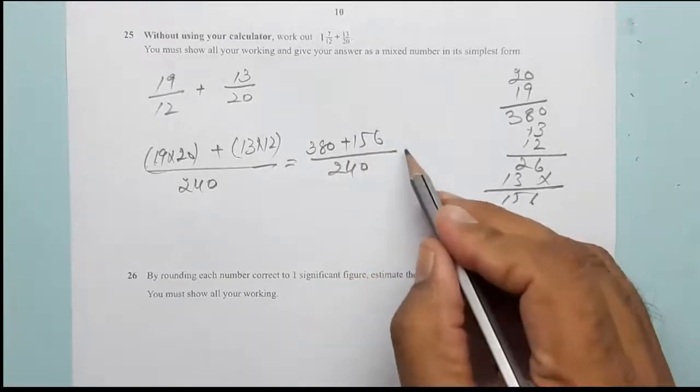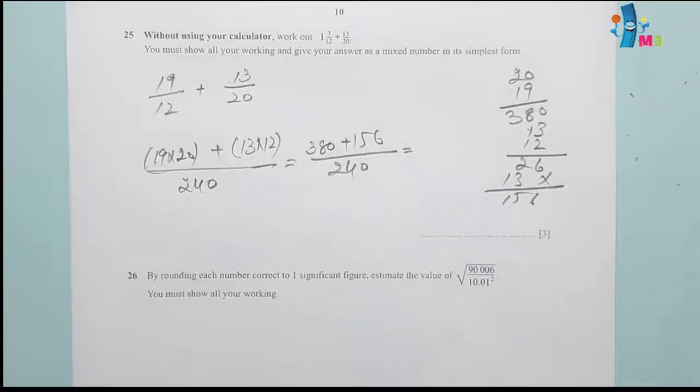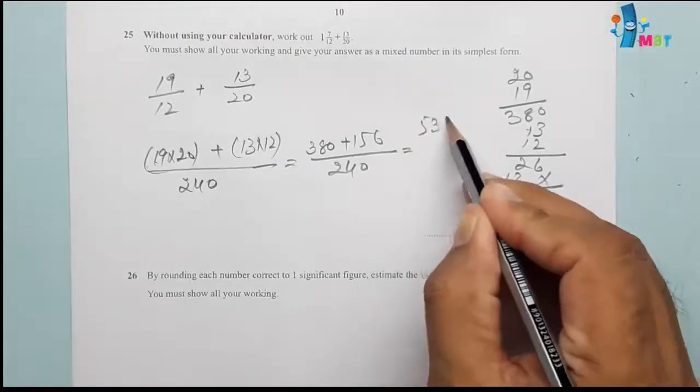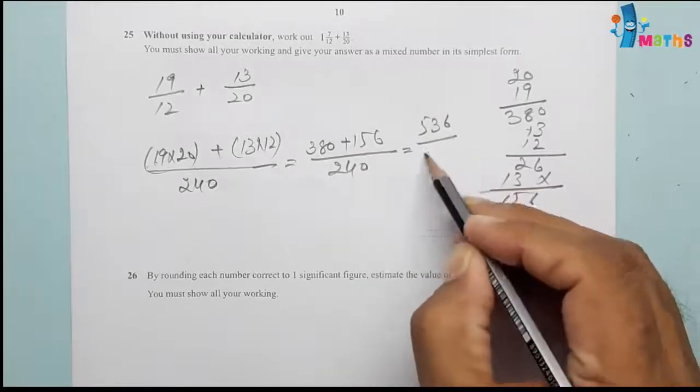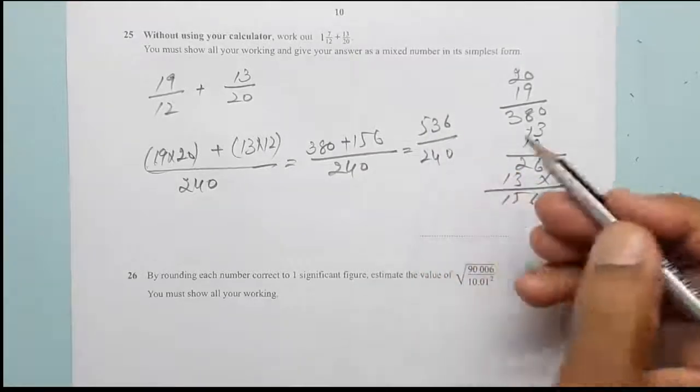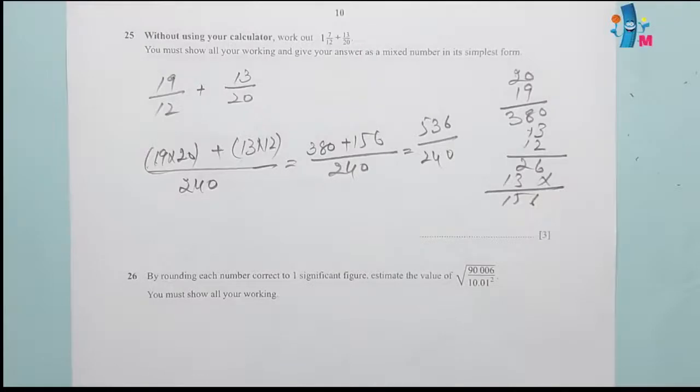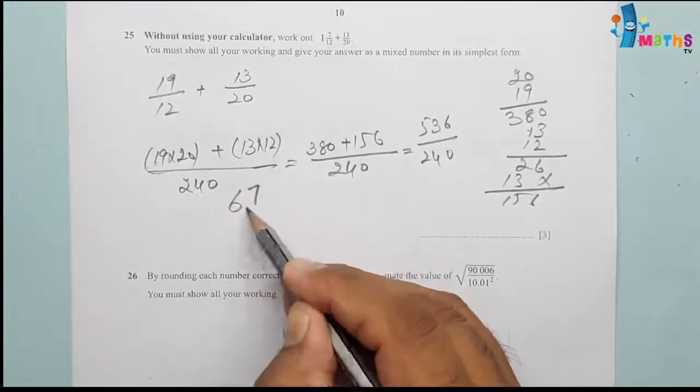So now we can add 380 plus 156, so this will be 536 divided by 240, and now you can divide this. You can easily divide by 240, and this will be 67 by 30.